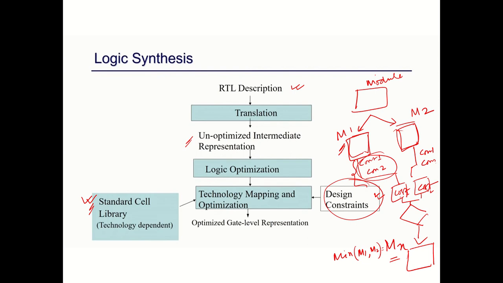So here we'll go with the RTL description and translate it. After translation, obviously we'll get the unoptimized representation. Here I'm just considering we have one function and we try to realize it with a simple SOP.